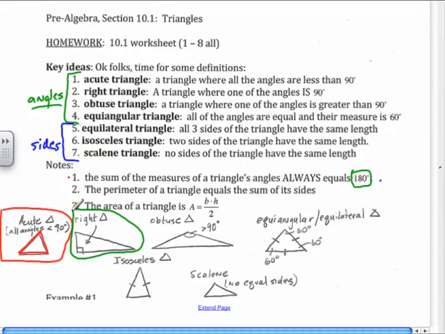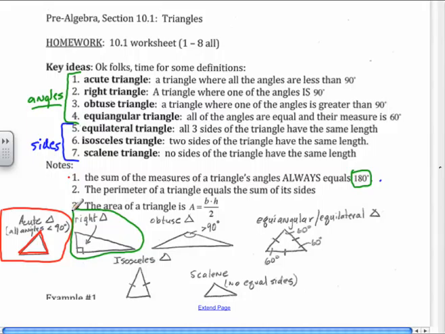The other two are less than 90. And the reason is because, guys, if they all add up to 180 and one of them equals 90 degrees, the other two have to be less than 90. Because if one of the other two equaled 90, then all of the degrees would be taken up. There wouldn't be any left for the third angle, right? Because they've got to add up to 180. So a right triangle has one right angle and the other two are acute.